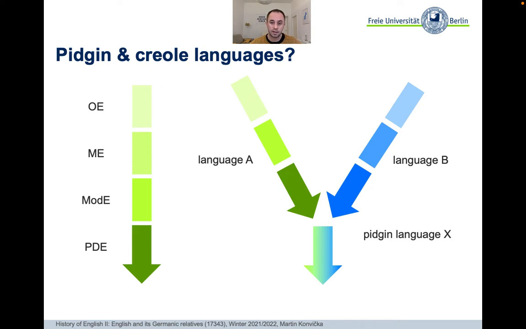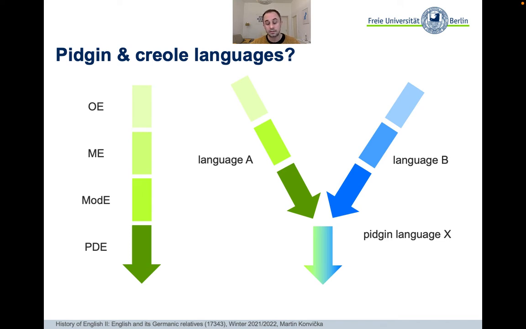Generally speaking, this means of communication is structurally simpler than language A and language B. And the crucial thing is that the Pidgin language has no native speakers, right? Because the speakers using the Pidgin language are native speakers of either language A or language B.